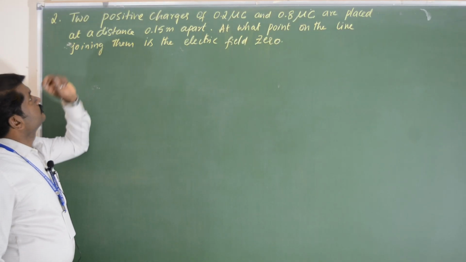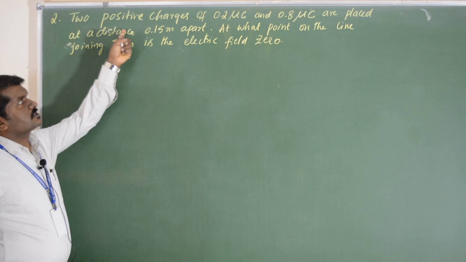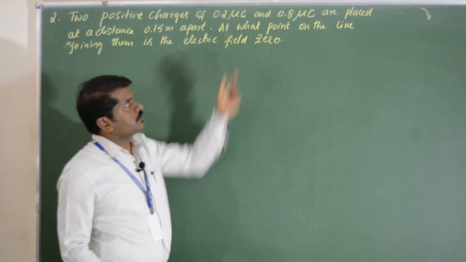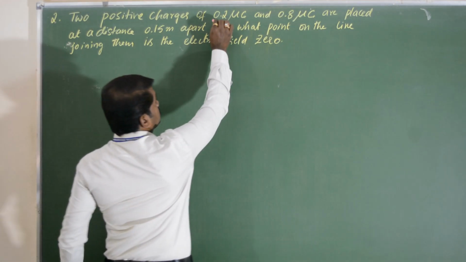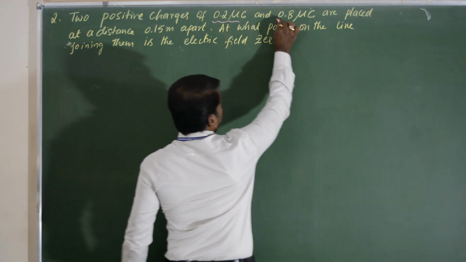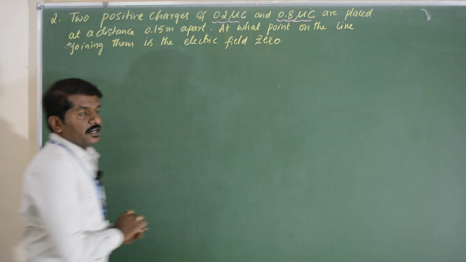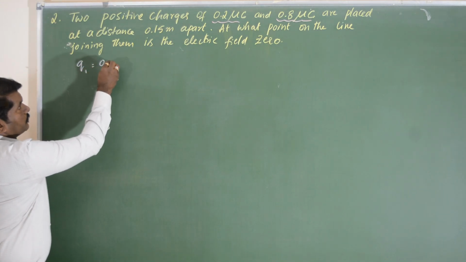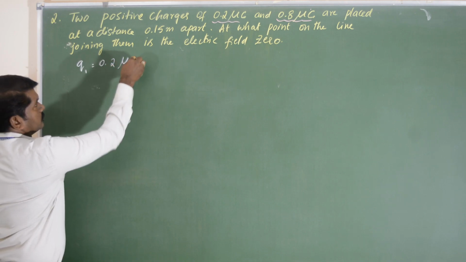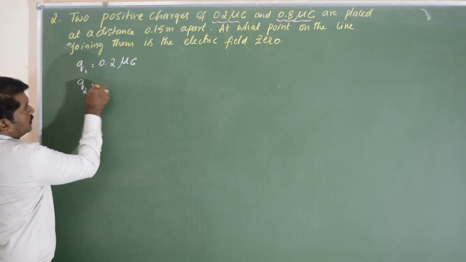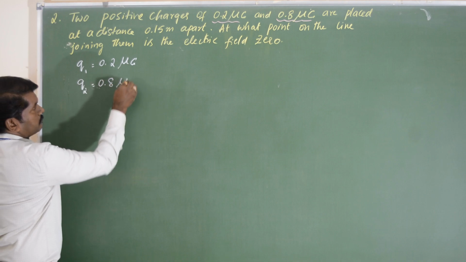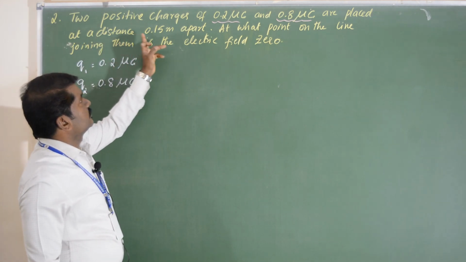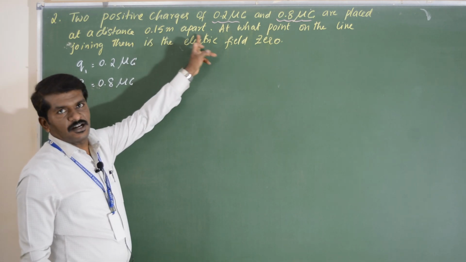Second numerical: two positive charges of 0.2 microcoulomb and 0.8 microcoulomb. So they have given two point charges, and I'll write the data. q1 is equal to 0.2 microcoulomb and q2 is 0.8 microcoulomb, placed at a distance of 0.15 meter apart.